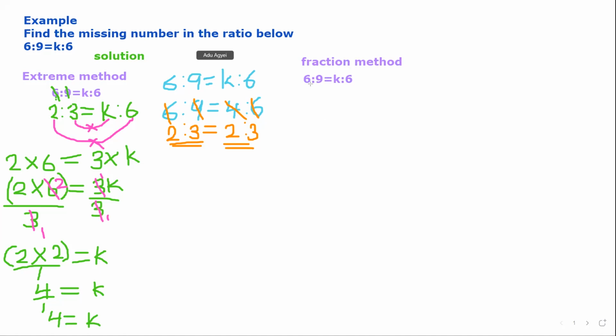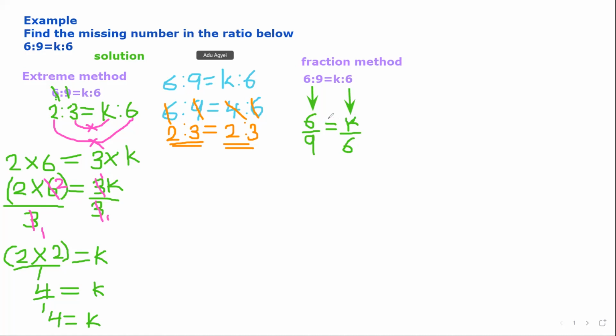So the 6 to 9, the fraction here will be 6 over 9, must be equal to, then you change the other ratios here into fraction, then here will be k over 6.